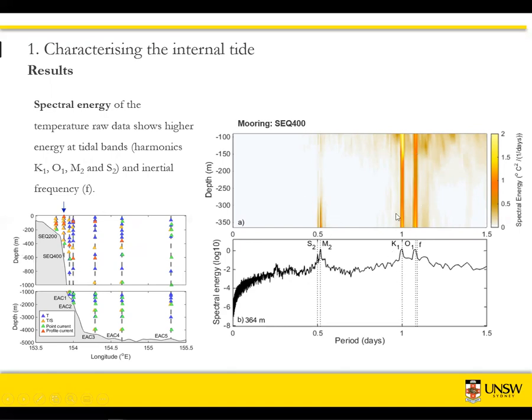So here is the diurnal. We can see that the diurnal is stronger, and it's composed of the harmonics K1 and O1, and the semi-diurnal is composed of the solar harmonic S2 and the lunar harmonic M2. So that's the first characteristic of our internal tide.